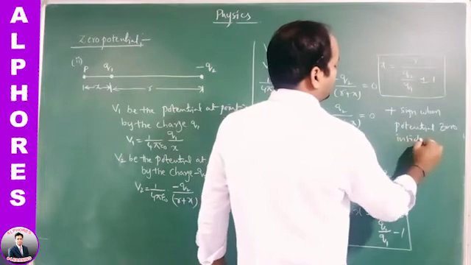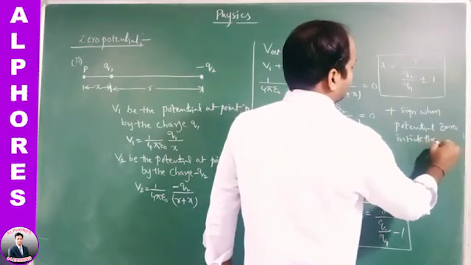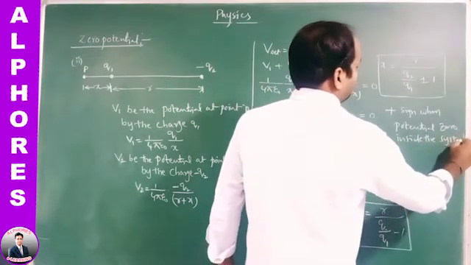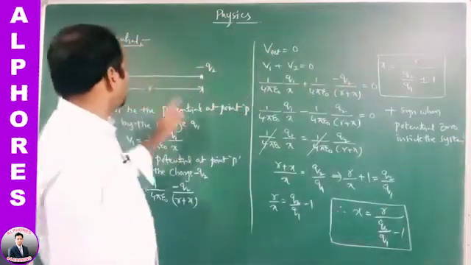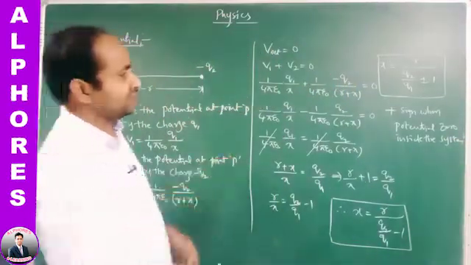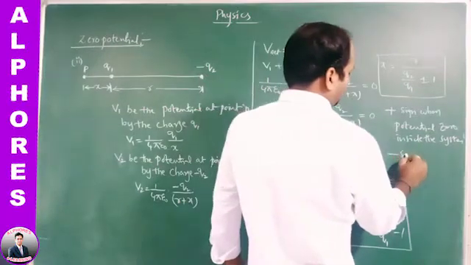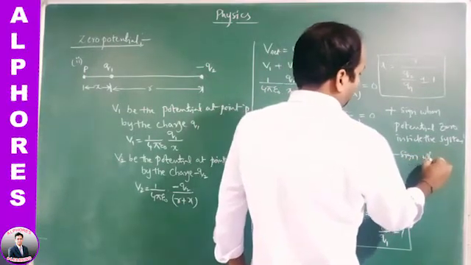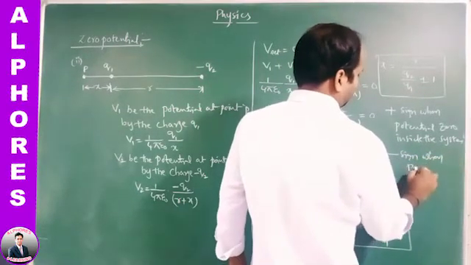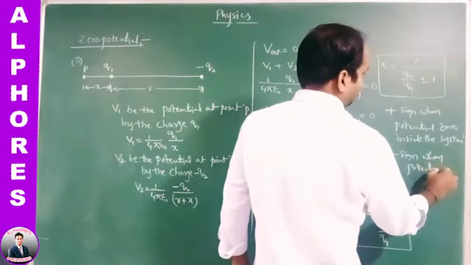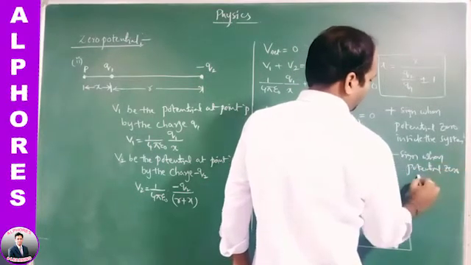And the negative sign is used when the potential becomes 0 outside the system.